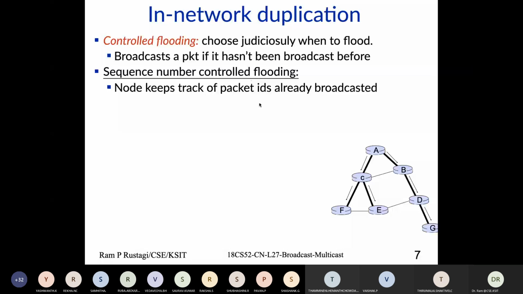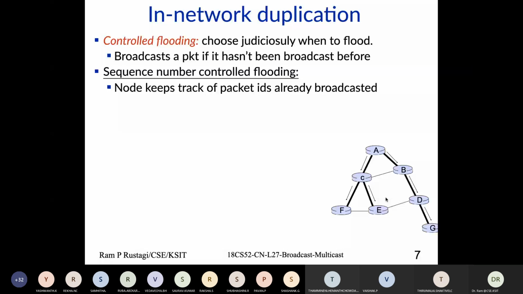That means A will put a sequence number with its own ID, and C will send to F, E and B. B will also receive from A and B will forward to D and G. But when C sends to B, B has already forwarded it, so B won't forward it again. Same is true for C, and this is controlled flooding. Because I remember what I forwarded, I won't forward it again, and that solves the problem.